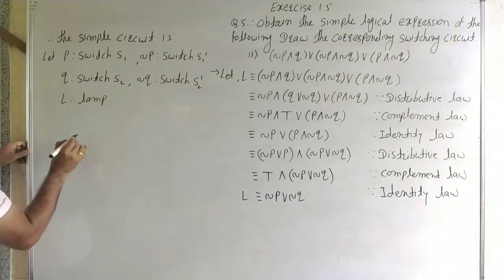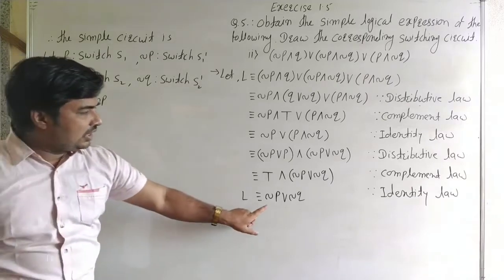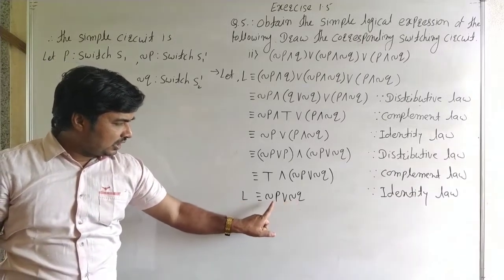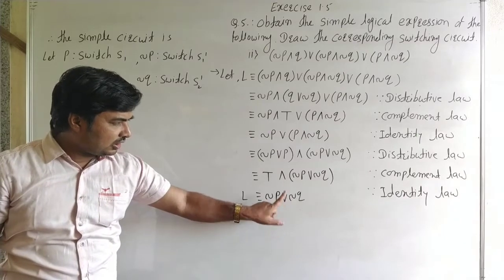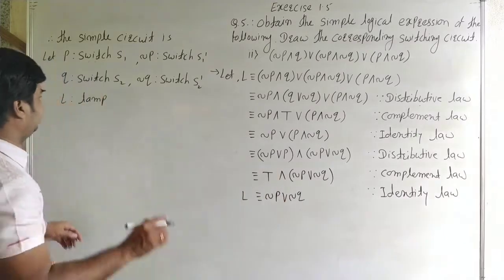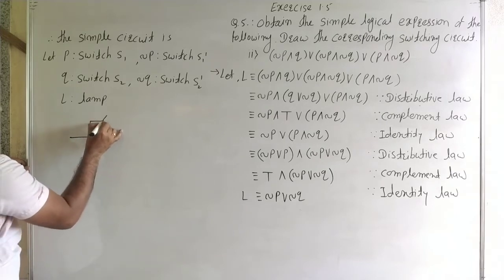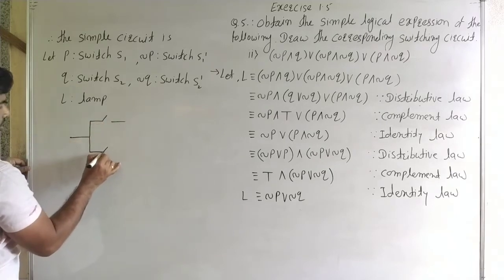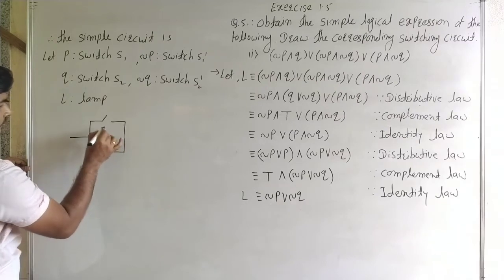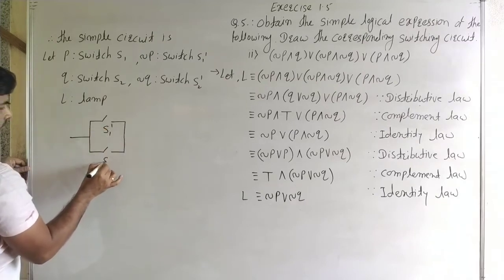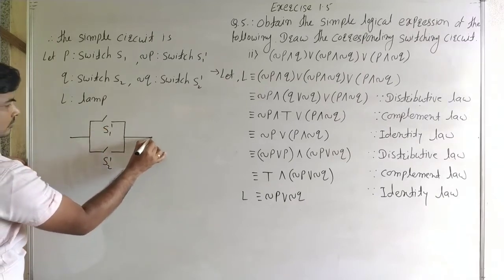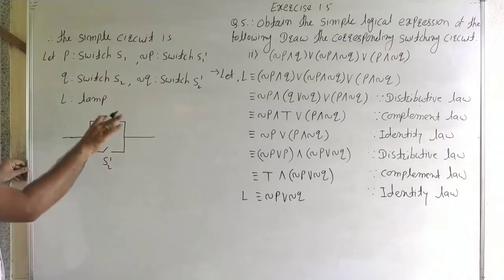Okay. Therefore, the switching circuit, here it is negation P or negation Q. Here it is S1 dash, or that means parallel, S2 dash. It is S1 dash parallel to S2 dash. Here it is the switching circuit.